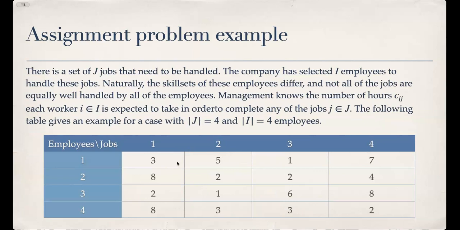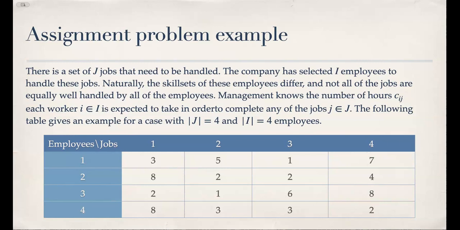You see that if this element is 1, that means this guy has to complete this job, right? So it should be 1. When we multiply it, it becomes 3 hours, which is sensible, right? What if this element is 0? Then you multiply 5 with 0, it becomes 0, right?